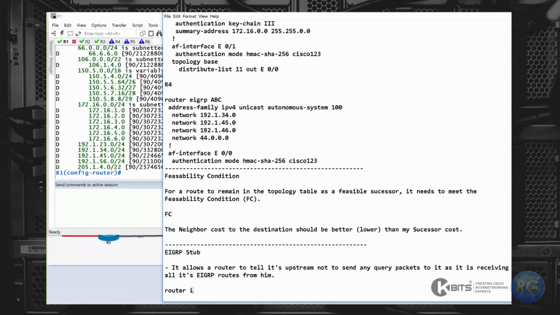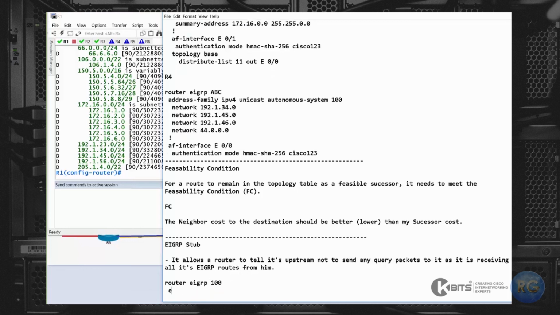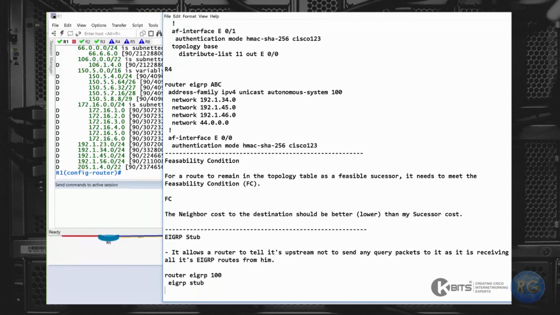So how do I do it? Router EIGRP 100, EIGRP stub, just like that. But I needed you to understand the feasibility condition. I needed you guys to understand the query packets so you understand the significance of EIGRP stub.